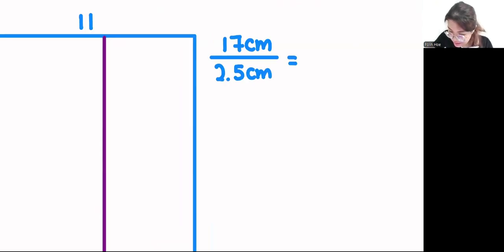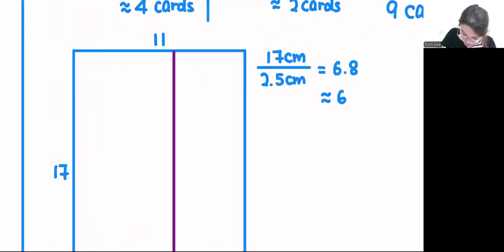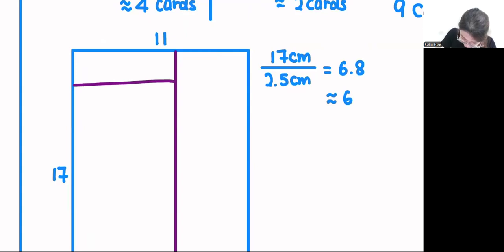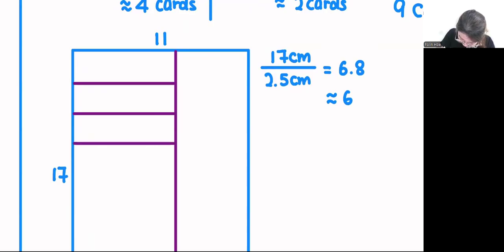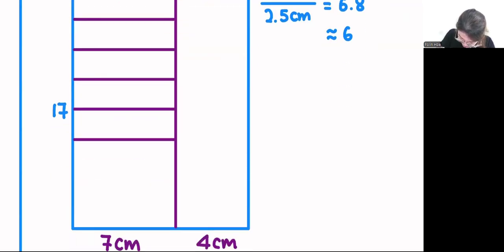I get 6.8 pieces, which means I maximum can get 6 pieces. Because 0.8 pieces is useless. I don't want 0.8 of a card, I want 1 card. Okay? I can only cut 6 pieces. 1, 2, 3, 4, 5, 6.